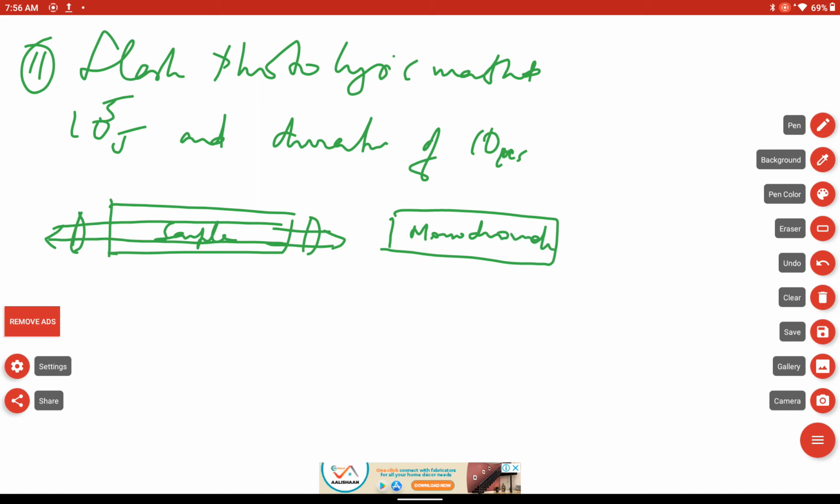And from here again an oscilloscope is there.